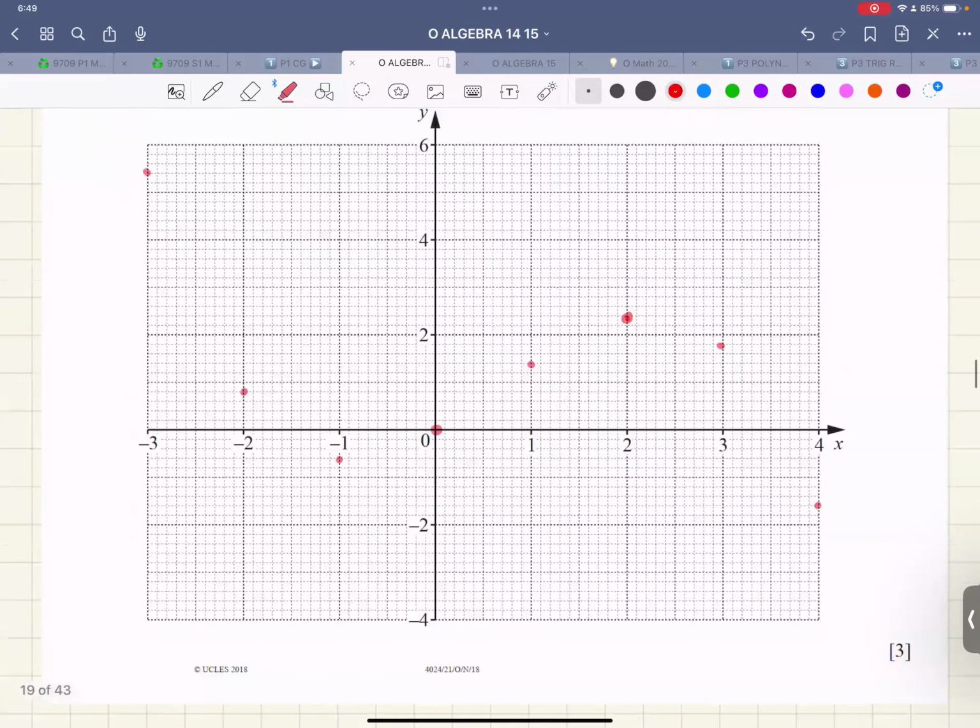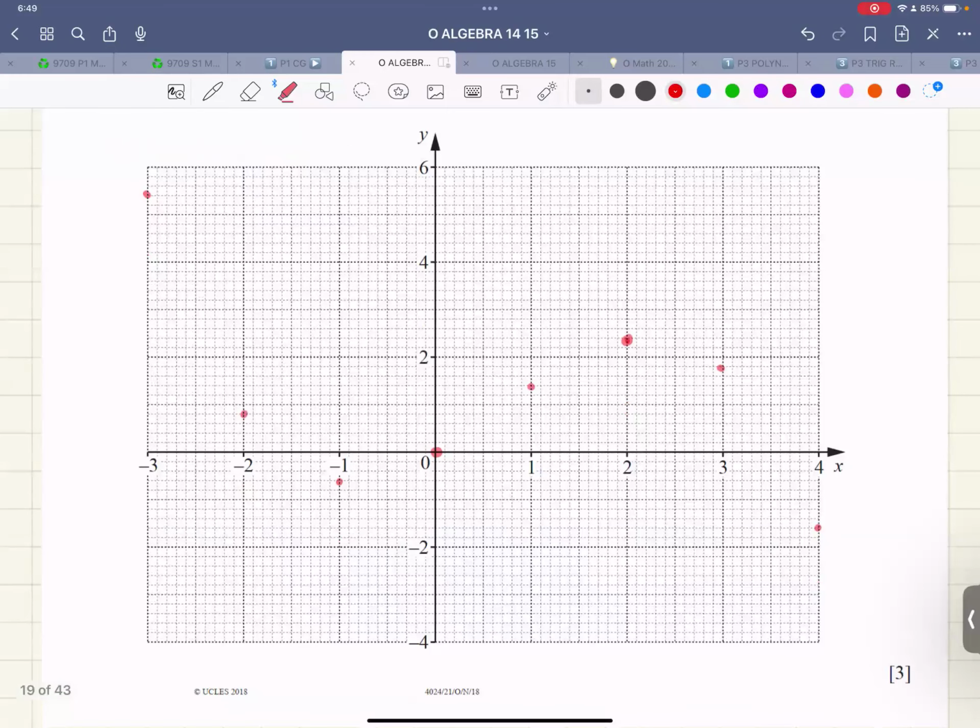Now I will join it. Let me use a green color. And it's going like this, not very exact. It's too much curvature, something like this.